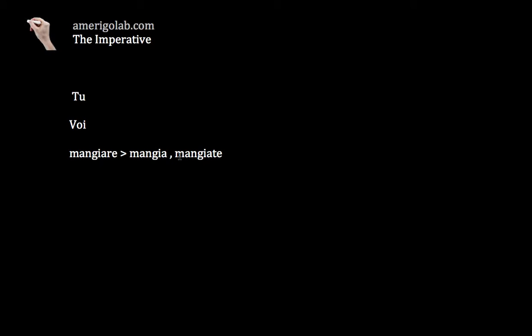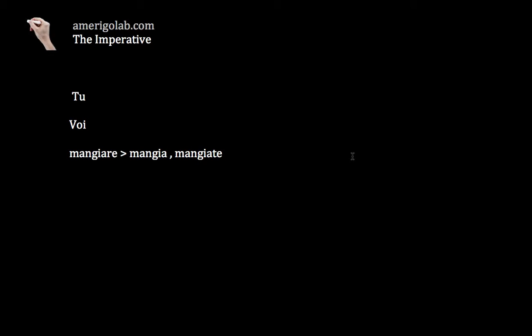In Italian, we don't use the subject pronoun, as you don't use you or you all when you use the imperative form in English. We use it only in special cases when we want to add emphasis or convey contrast. Just let me give you an example. If I would say, you sing now, please, you want to stress that you sing now. In this case, you can use the subject pronoun tu or voi.